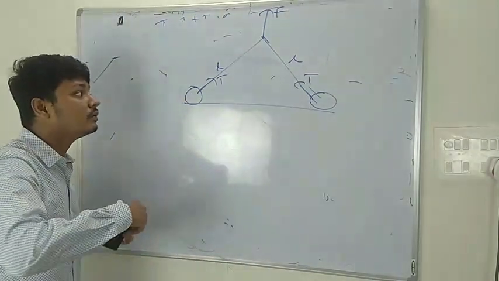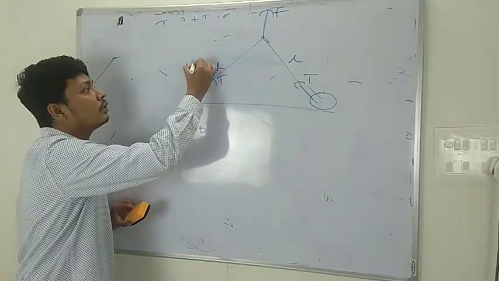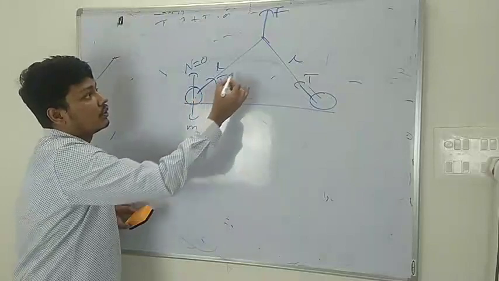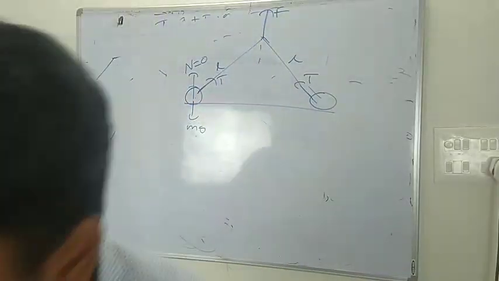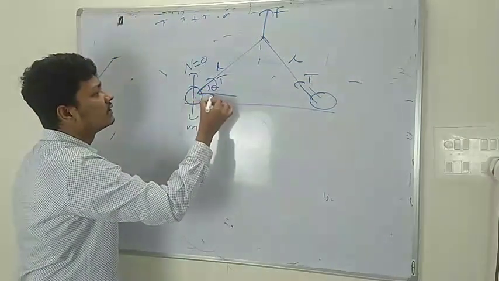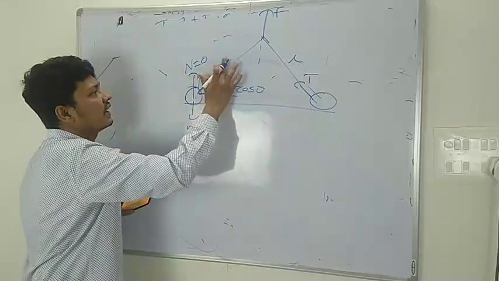The ball will lose contact when the normal force becomes 0. So this angle, let me write theta, they gave us here theta. So this is T cos theta, and this is T sin theta.